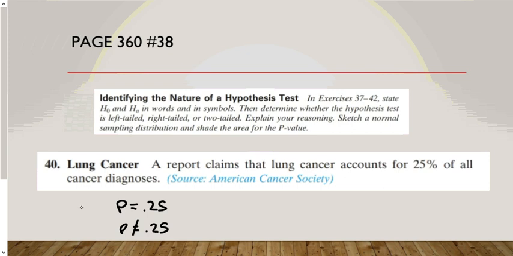This one will be our null, and this one will be our alternative. Because our alternative is a not equal to, this is going to be two-tailed. We're going to be looking at something like this for our distribution.